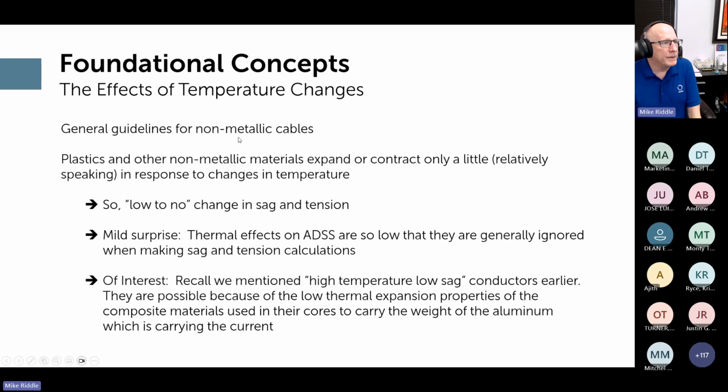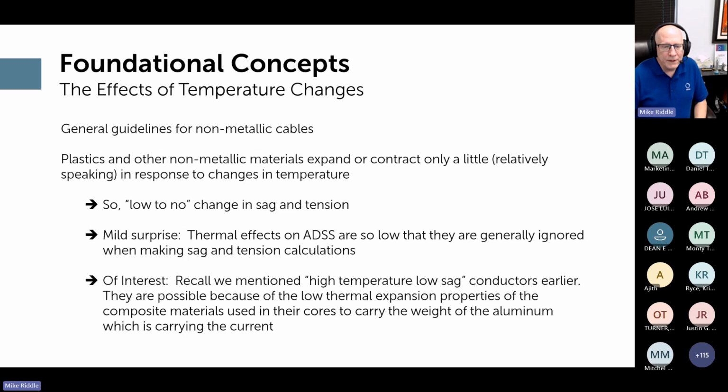So for non-metallic materials, so plastic and maybe not all, but many non-metallic materials, they expand or contract only a little. We're talking relatively speaking again in response to changes in temperature. So you have low to no change in sag and tension to the point that it may be surprising to you, but should only be a little bit of a surprise that thermal effects on ADSS are so low that they're generally completely ignored when making sag and tension calculations.